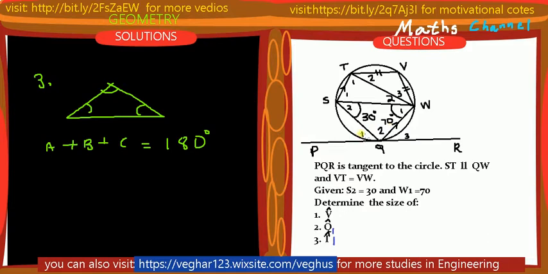If we can find Q2, as you can see from here, this is the angle inside the triangle.